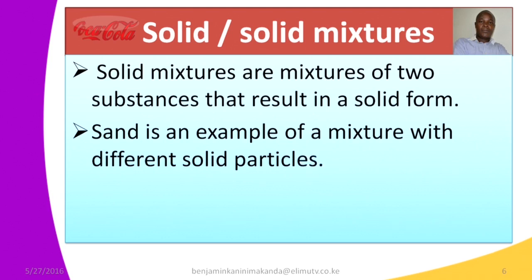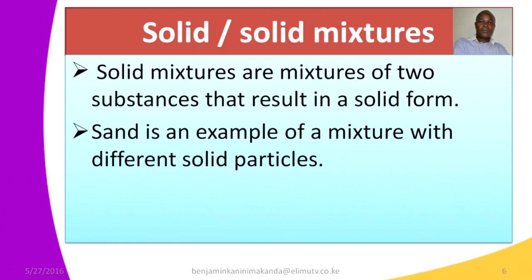So that when you take solid substances and put them together, the outcome forms a solid. If you take sand and mix with maybe gravel, at the end of the day you will get a solid form. So these are mixtures which, when you have mixed them, will still form a solid form.